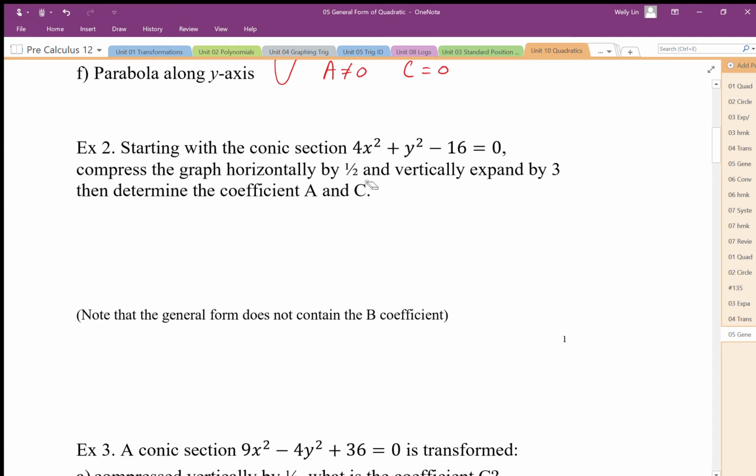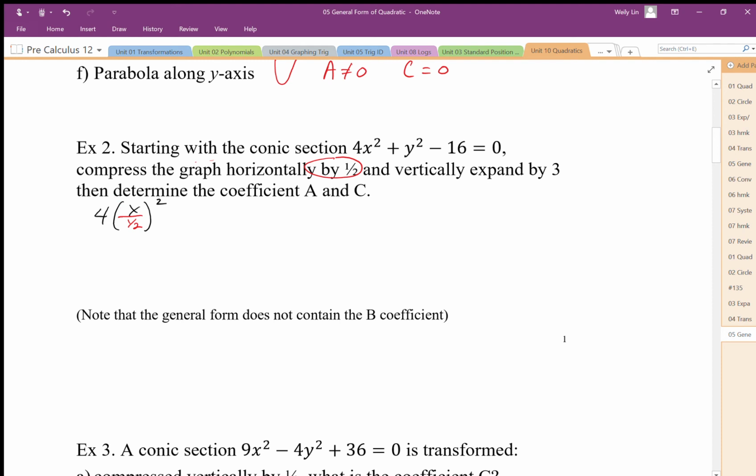So to do that, we basically need to do the transformation and then expand, get rid of the brackets, and work it out that way. Starting with the x's, we're going to have 4x squared. Since it's a horizontal compression by 1/2, we're going to divide by 1/2 and put that in the horizontal compression. And there's actually going to be times by 2 at 2x.